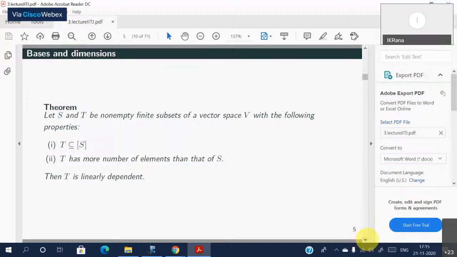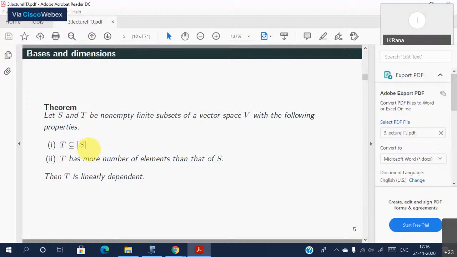So here is a theorem which I would like to stress. Let S and T be two non-empty finite subsets of a vector space V. Suppose T is a subset of the span of S. This square bracket is just saying the linear span of S, so T is inside the span.